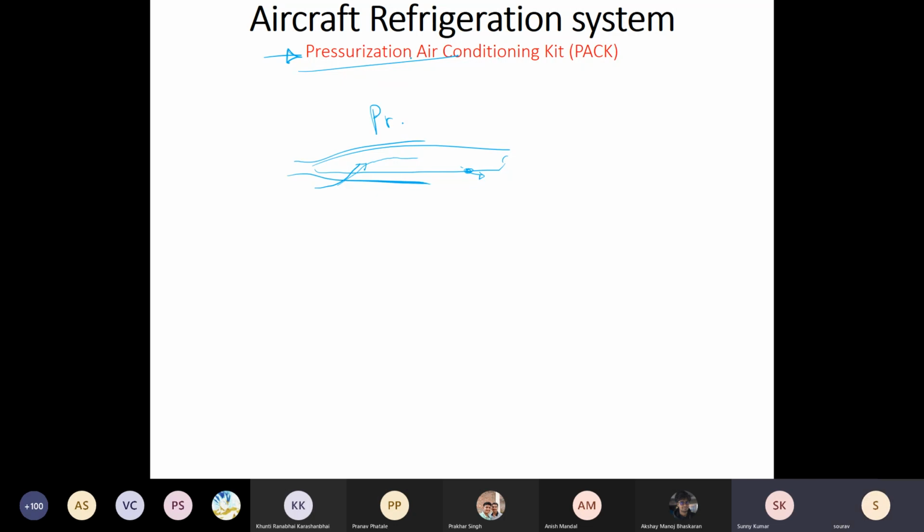At such speeds, there is a lot of heating on the skin panel of the aircraft. And we human beings are also a source. If you keep 180 passengers in such a small space, try it in a big hall without an air conditioning system.